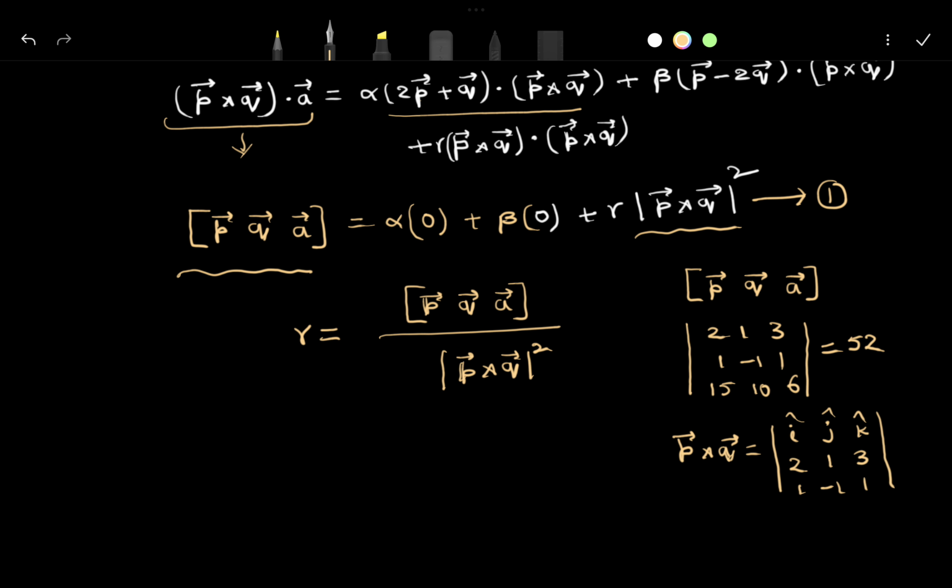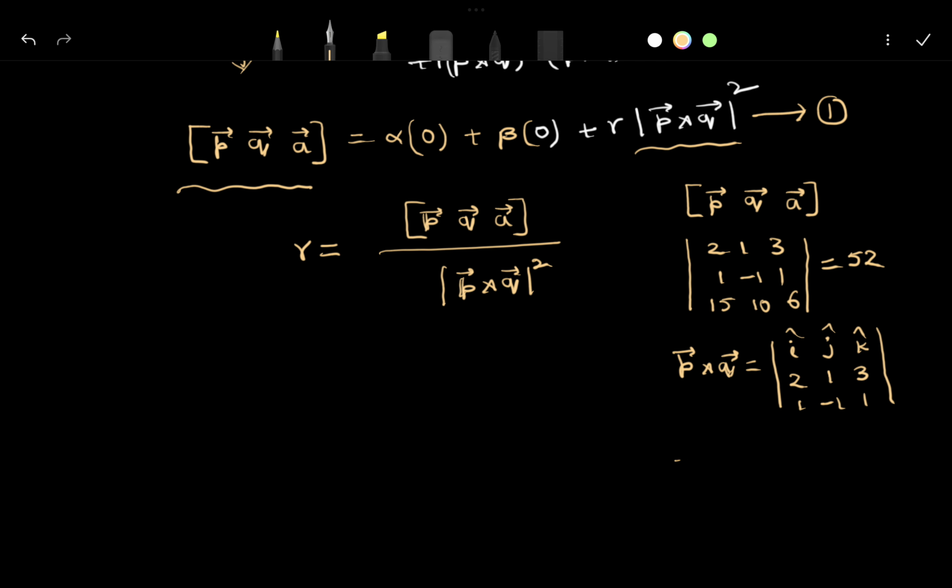By expansion, you can get one vector, equal to I cap into (1 minus (minus 3)), which is 4, so 4 I cap, minus j cap into (2 minus 3), which is minus 1, so plus j cap, and plus k cap into (minus 2 minus 1), which is minus 3. Okay, this value will be minus 3.